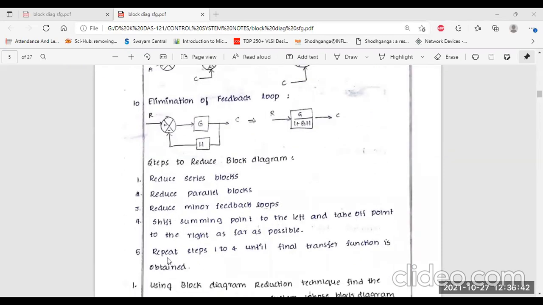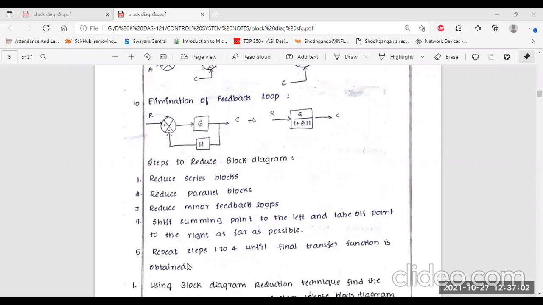Okay, number 5, repeat steps 1 to 4 until the final transfer function is obtained. So these are the basic process. This is also repeating, that is, repeat steps 1 to 4 until we have calculated the final transfer function.